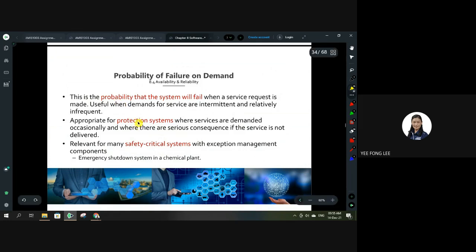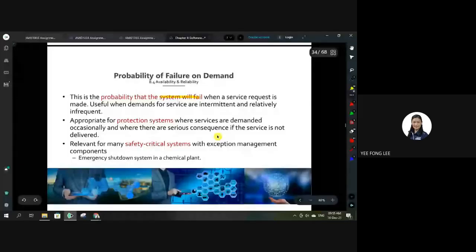Let me rephrase my sentence here. This probability of failure on demand should be used in the situation where a failure on demand can lead to system failure. For example, a protection system that monitors a chemical reactor, and might shut down the reaction if it is overheating.